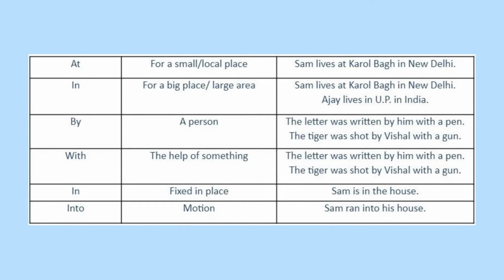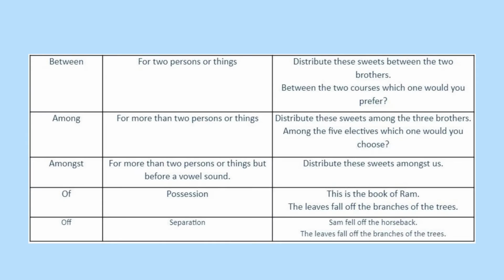Let us now see another preposition, that is between. It is used when we are mentioning something or someone is between or in the middle of two persons or two things. Let us take an example.